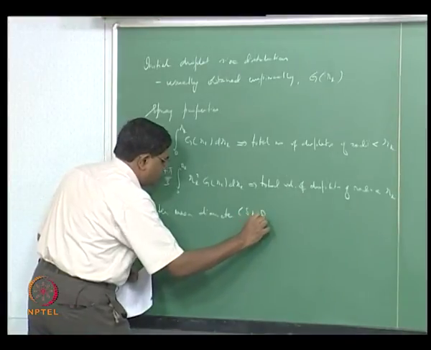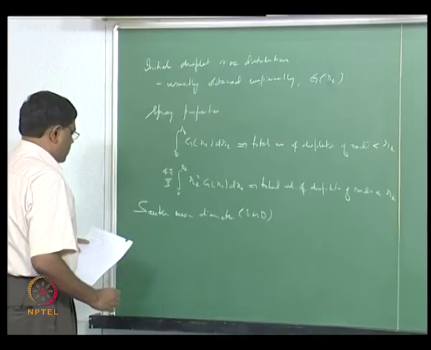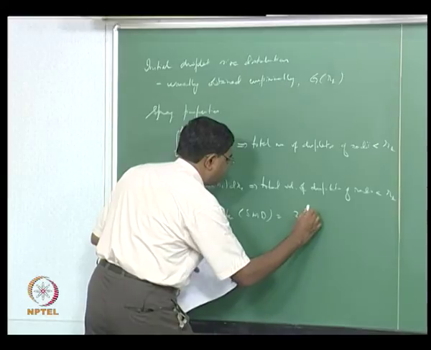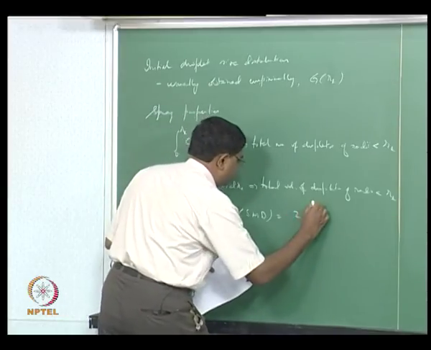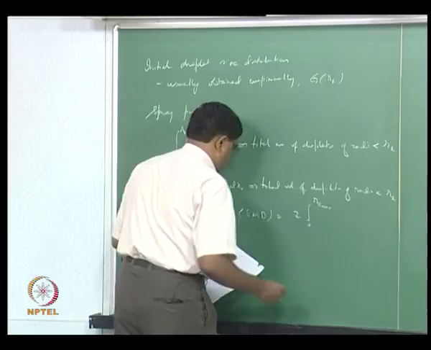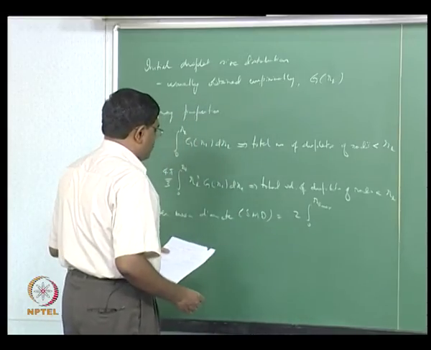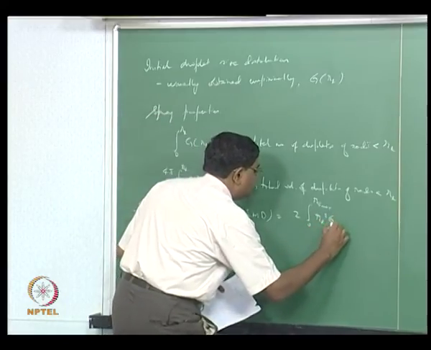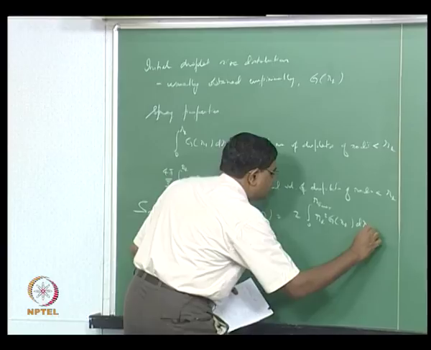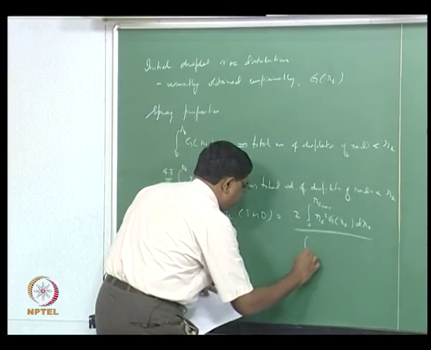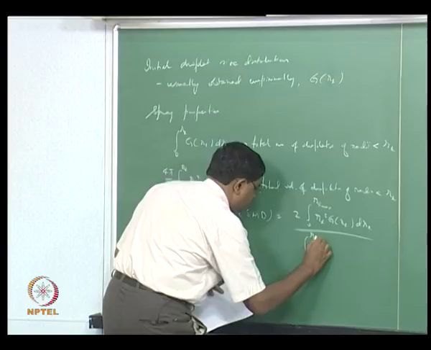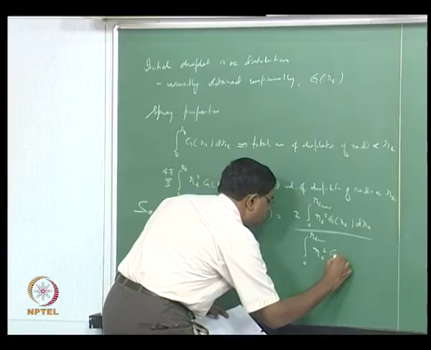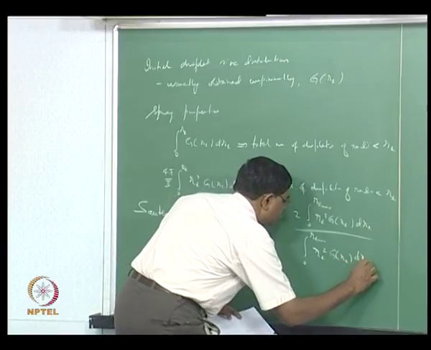or SMD, which can be written in the form of an integral. It can be written as integral 0 to, let's say, a certain maximum RL that you have in the distribution, of RL cubed G(RL) dRL divided by integral 0 to RL max of RL squared G(RL) dRL.